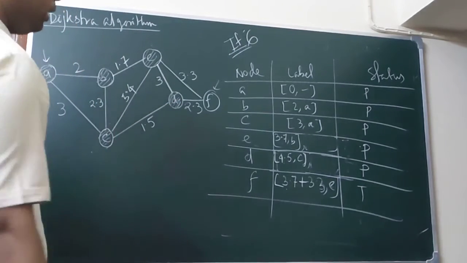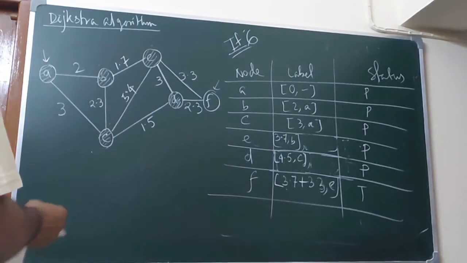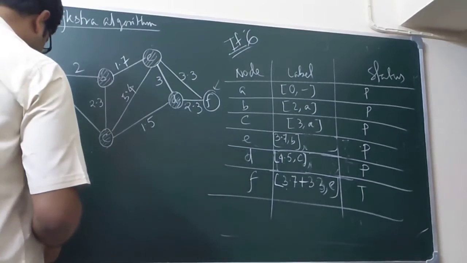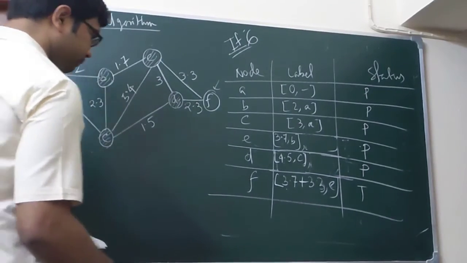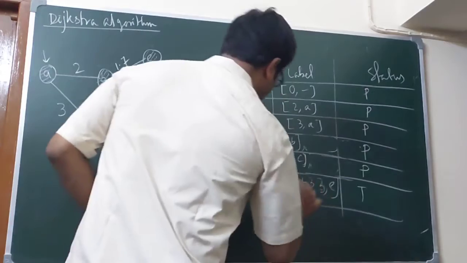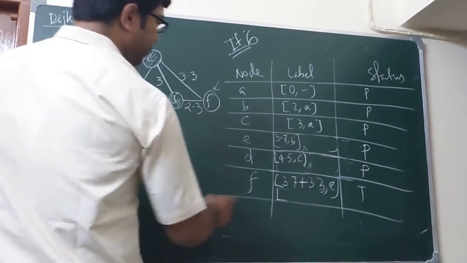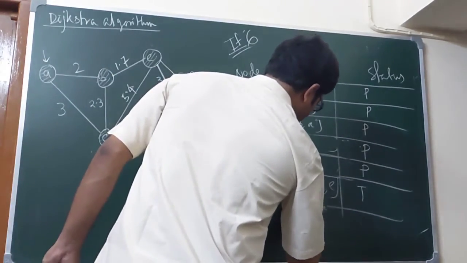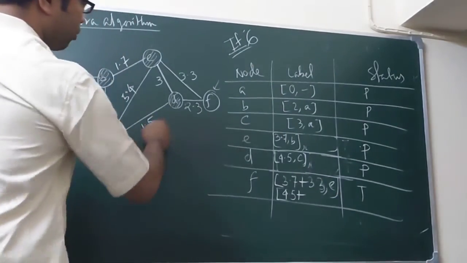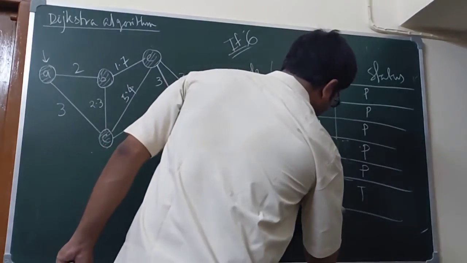But if we take the path via D, the cost will be 4.5 plus 2.3.